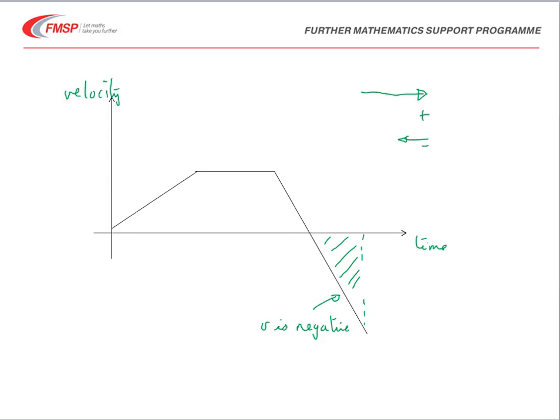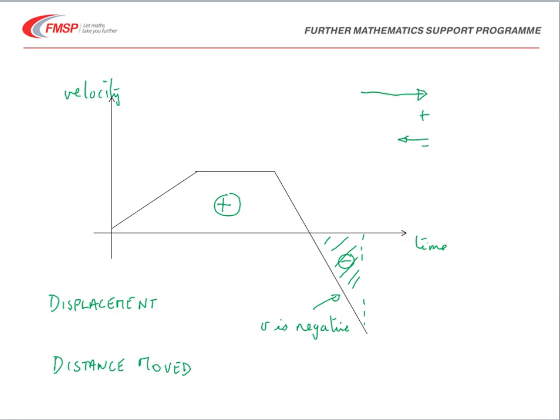Now, if we're asked in a question to find the displacement, then we should treat the two areas as they are. We're actually finding a positive value here and a negative value in the second part of the motion. So they should be subtracted to find the displacement. However, if the question asks for the distance moved, then we should add those two areas together.